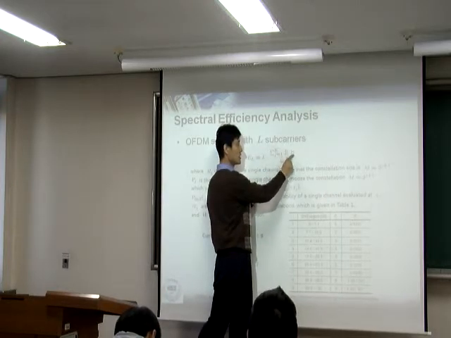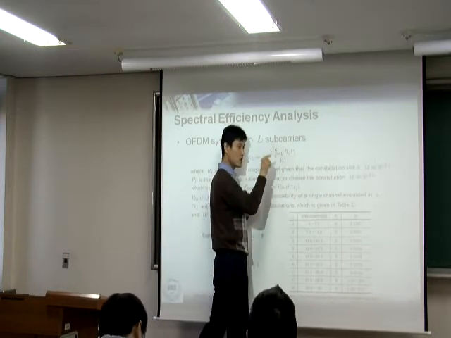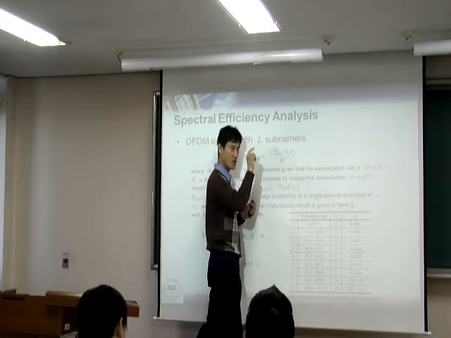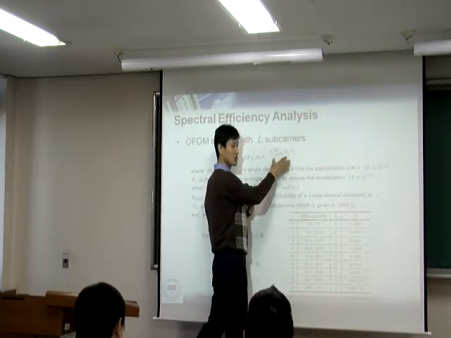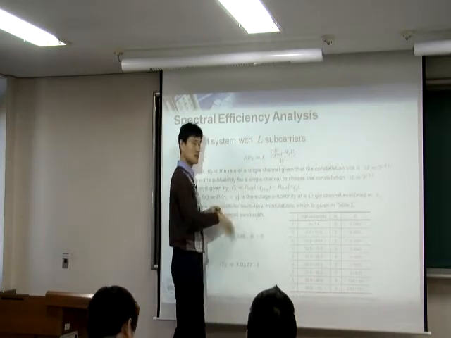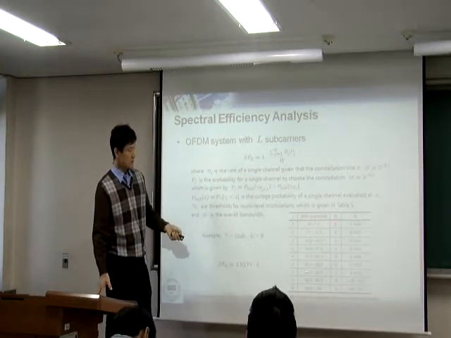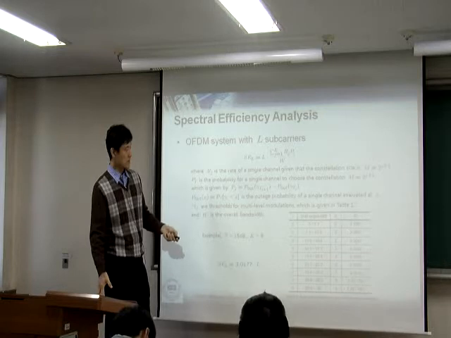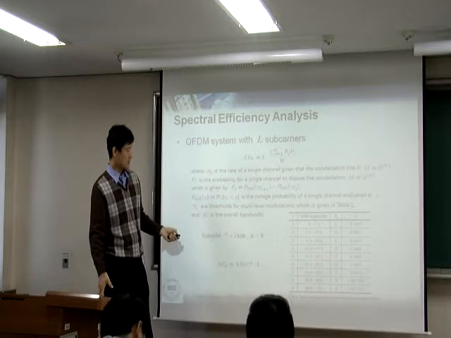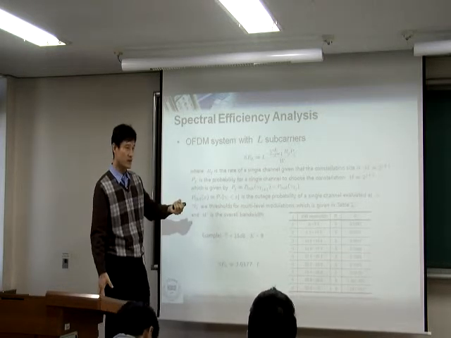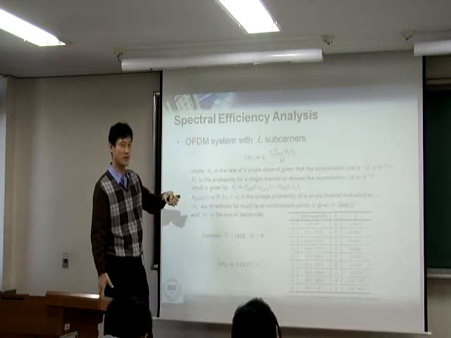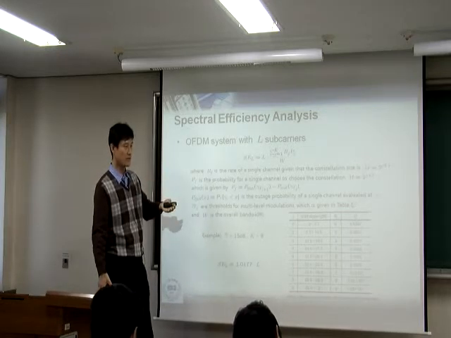Okay? And you calculate these things for each of these modulation levels, and then you do a summation. Then that's going to be the spectral efficiency. Simply, right? For example, these are the tables, and when you define the SNR, when you define the fading profile, it's the Rayleigh fading.